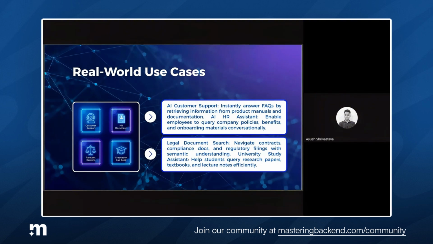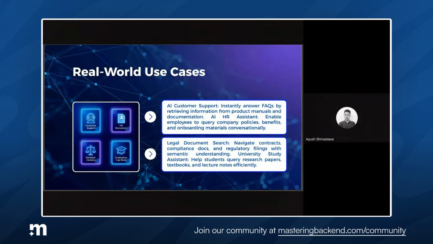Now, the second example is the legal industry. Lawyers upload their contracts, then ask, what is the termination condition? The AI finds the answer from a 200-page document, which is a huge productivity boost, and gives the answer instantly.